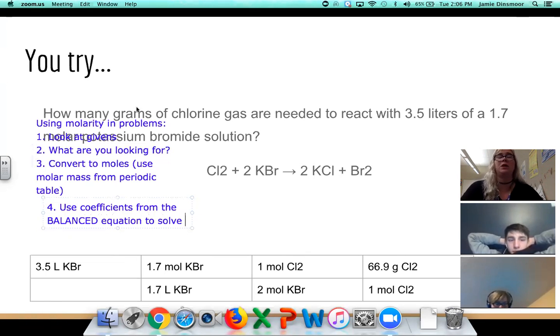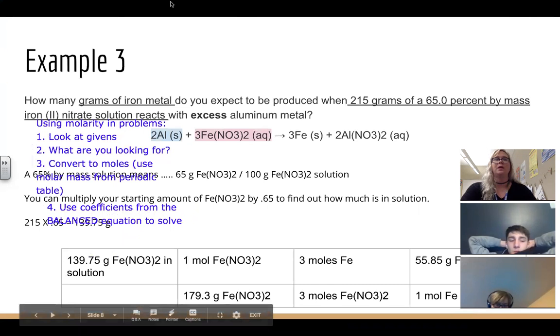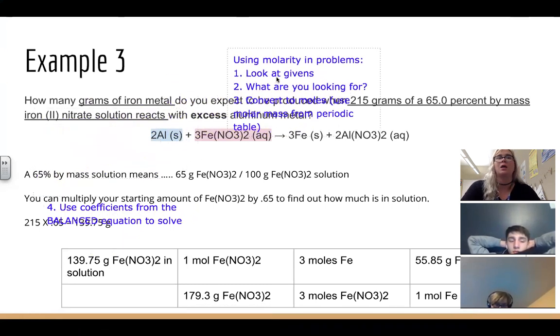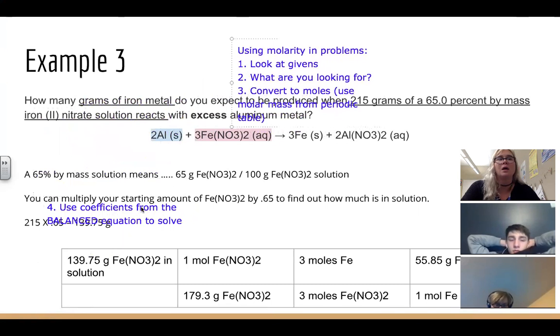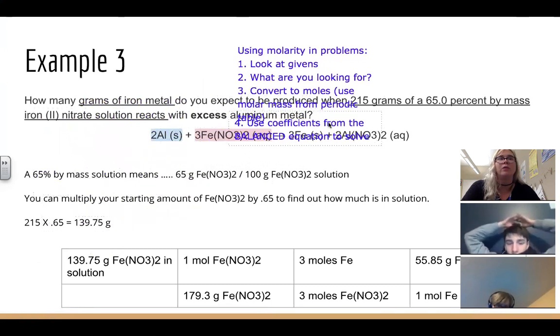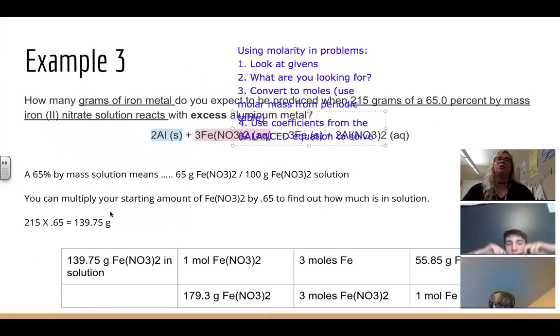The only difference would be if it's a percent by mass solution, because then you might have to figure out how much mass you're dealing with. Again, for a percent by mass, all you need to do is multiply the percent by whatever amount you're starting with, in this case in grams. Pretty rarely will they just straight up give you moles.